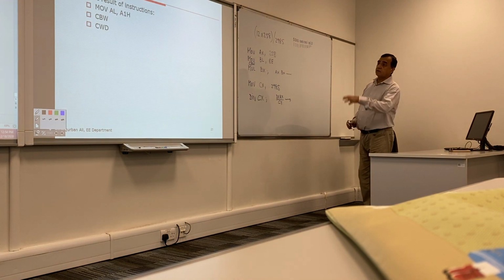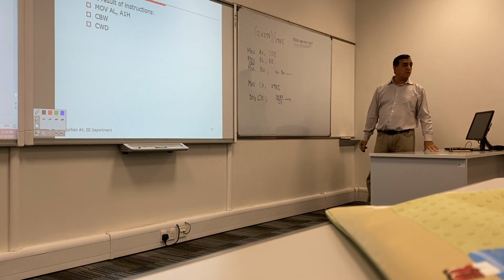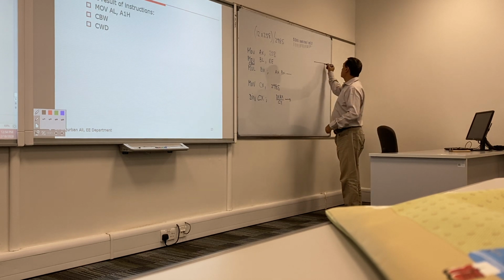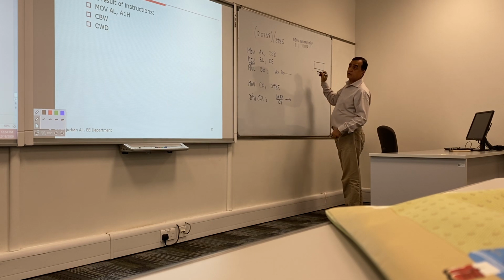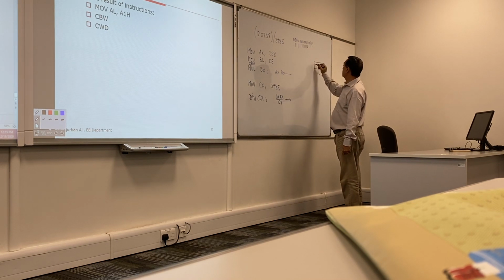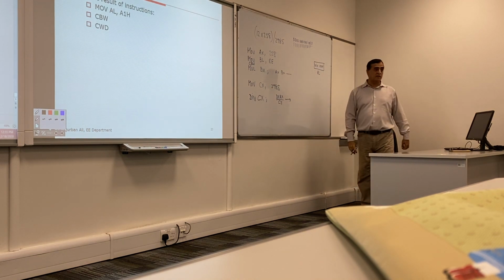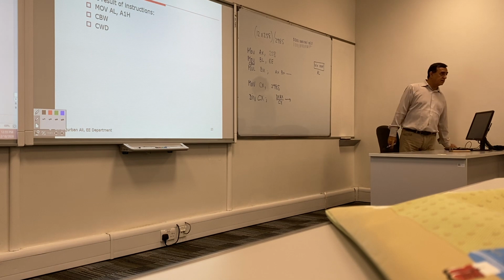Okay? Now here, what is the first one? Move A1 to AL. So this is AL, and we are placing A1. How is A1? 1010, and then 0001. This is the answer of the first one, right?